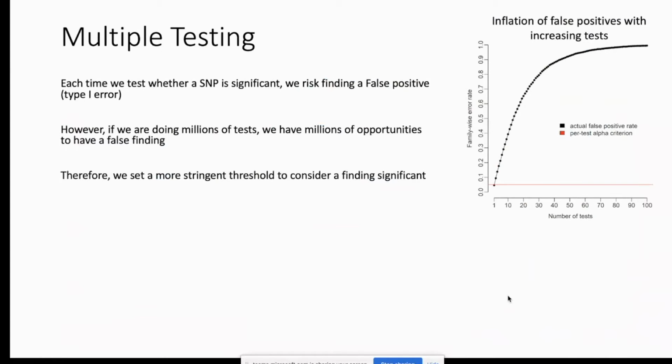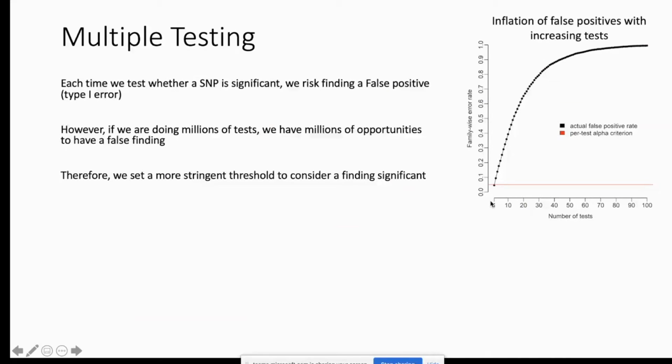However, if we're doing millions of tests, because the data from a genome-wide association study looks at something like 10⁶ genetic variants, there's millions of opportunities to have a false positive, and these increase at quite an alarming rate with the number of tests that you do.